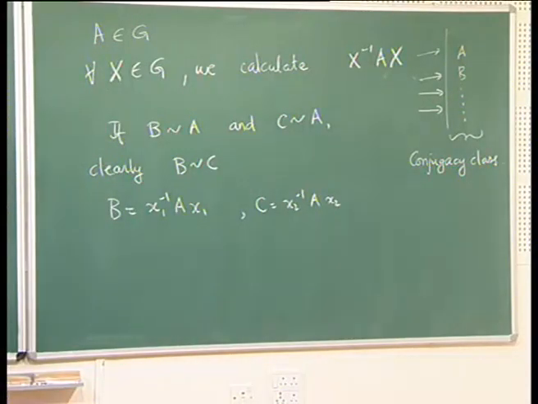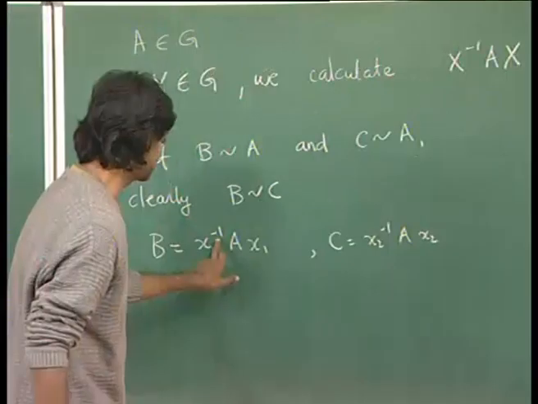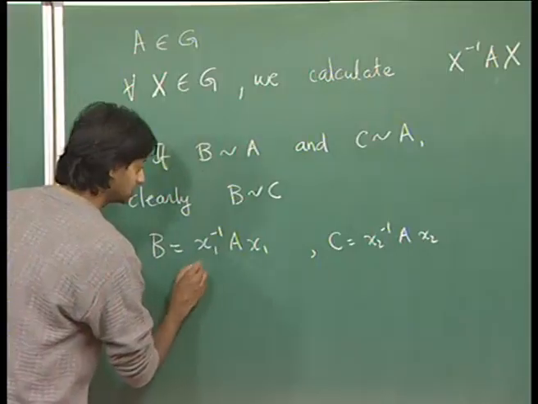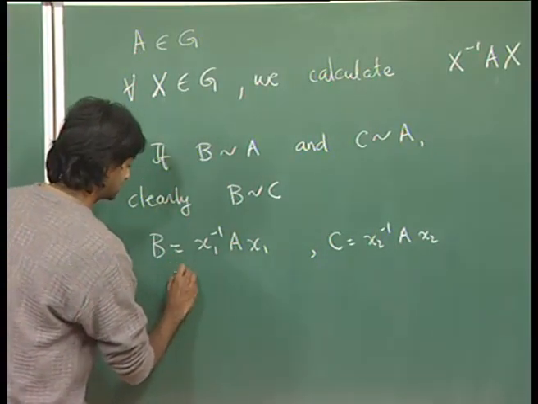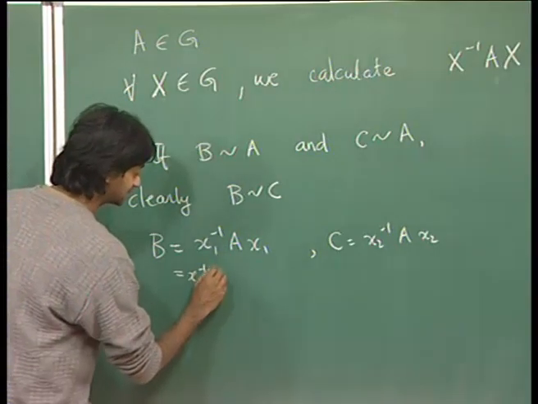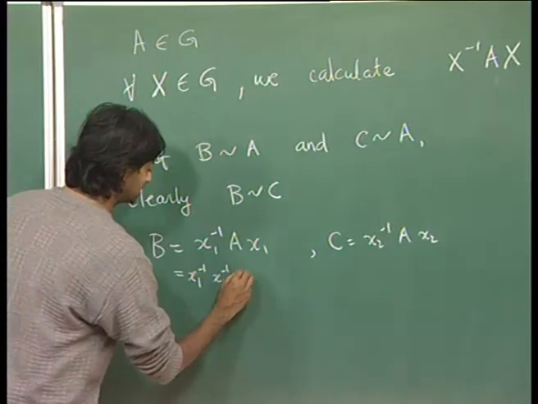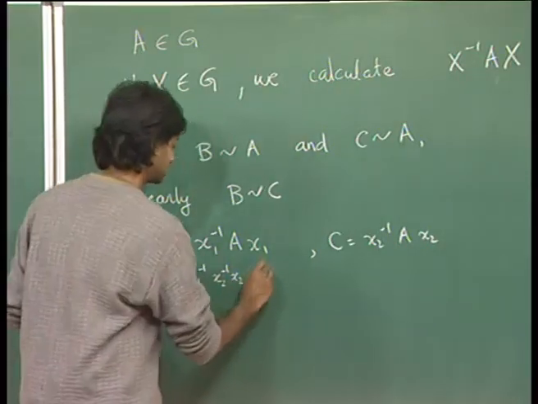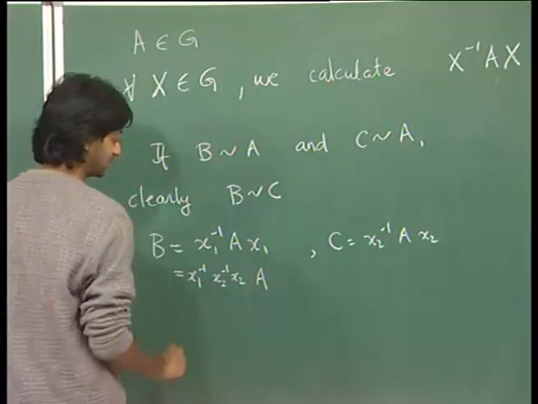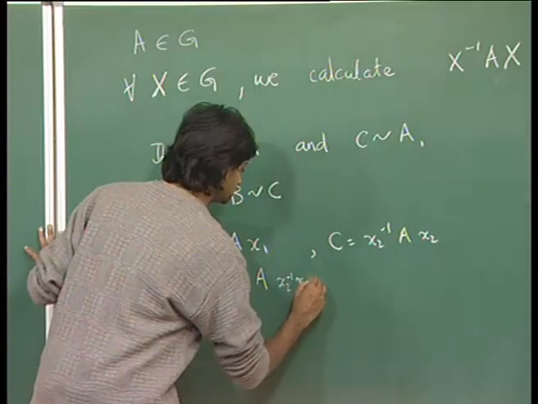And I can easily do the following. I can put an X2 inverse X2 here. So I can just say that B is X1 inverse, and then I multiply by 1 in the form of X2 inverse X2, then A. Then again I multiply by 1 in the form of X2 inverse X2 X1.